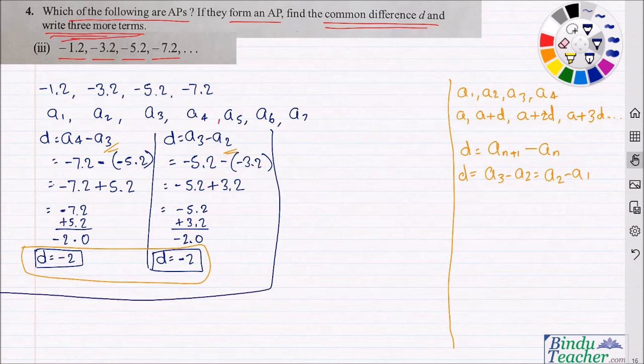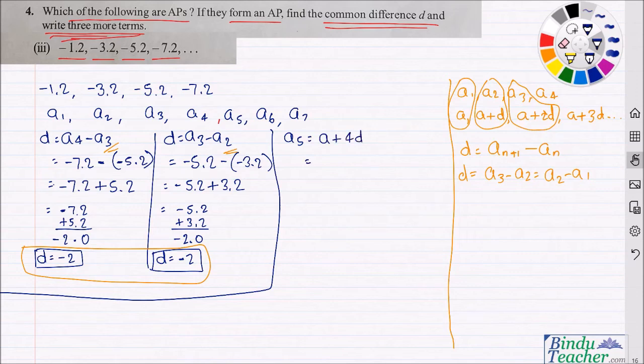We'll first calculate A of 5. So here you have seen the formula for each term. A of 1 is the same as A. For A of 2 it is A plus D. For A of 3 it is A plus 2D and so on. So for A of 5 the formula will be A plus 4D.